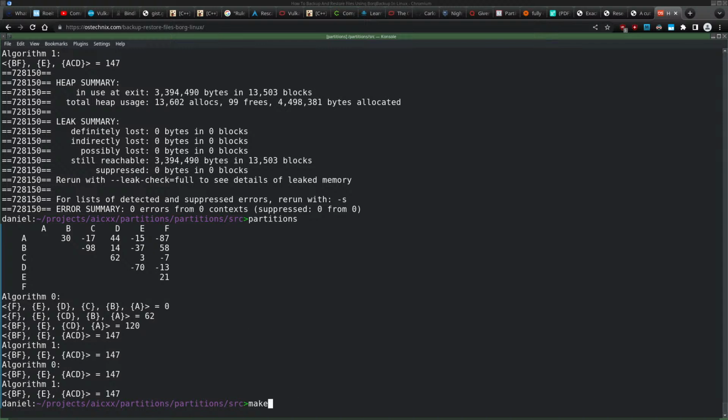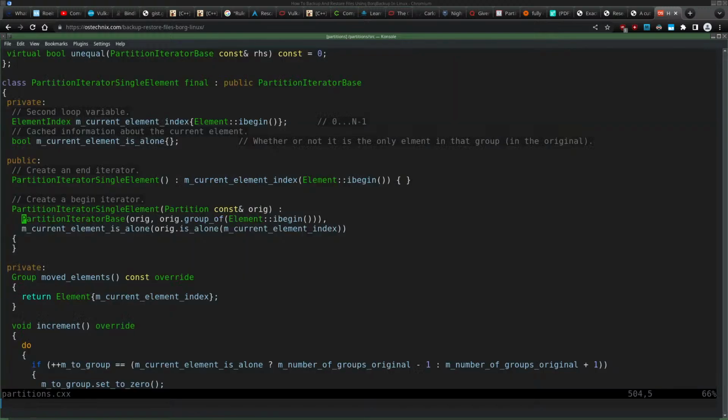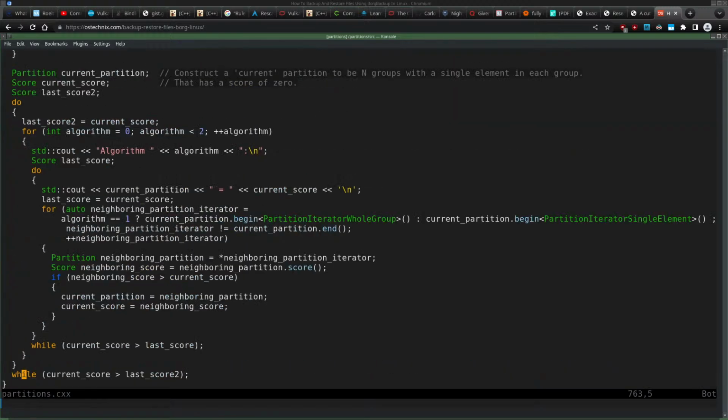Can I improve that? First of all, I'll swap the two algorithms. Start with the whole group thing. So given an algorithm, we do this until that algorithm cannot improve upon it anymore. Then we get here. Then we run the next algorithm, and if that then also cannot improve on it, then we're done.